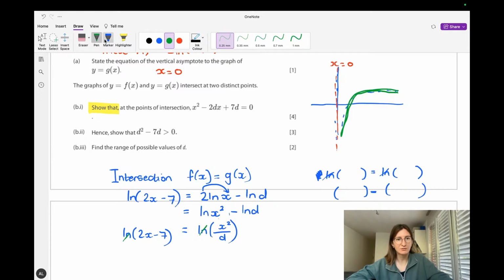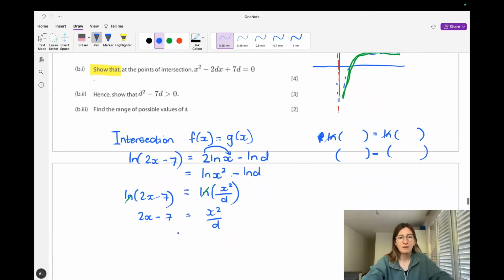I can drop my natural logs. So we have 2x minus 7 equals x squared over d. See how we're starting to get more into these terms. Now I have a d in my denominator, so I'm going to get rid of that by multiplying it on the other side. So I'm going to have 2dx, because that gets multiplied by d, minus 7d equals x squared.